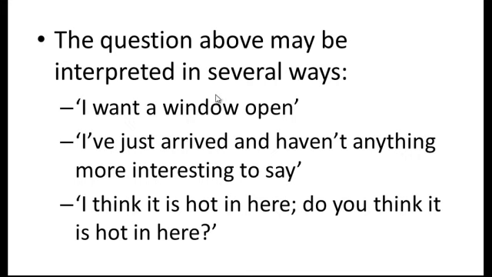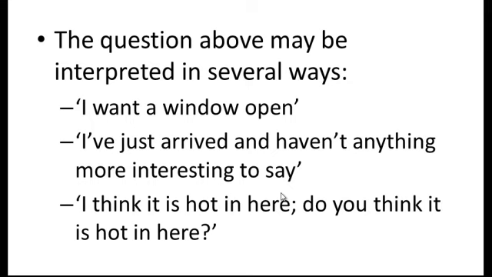In the first place, one may say that the person is saying, isn't it hot in here, to imply that he or she would like the people who are in the building or the people who are in the room to open the window. So it may imply I want a window open. Okay, it may also imply that I've just arrived and haven't anything more interesting to say. Sometimes it happens.